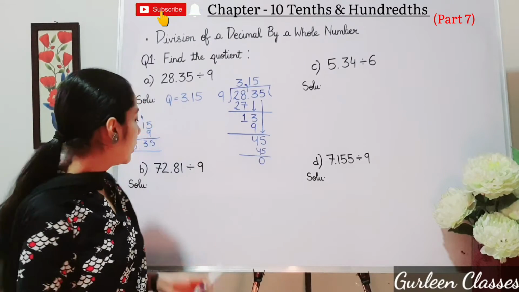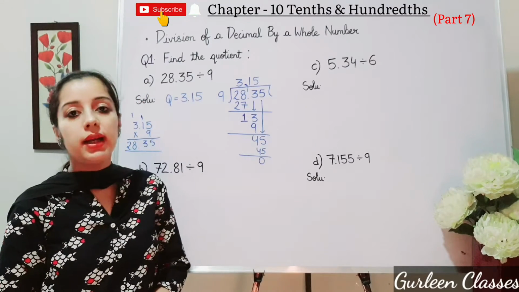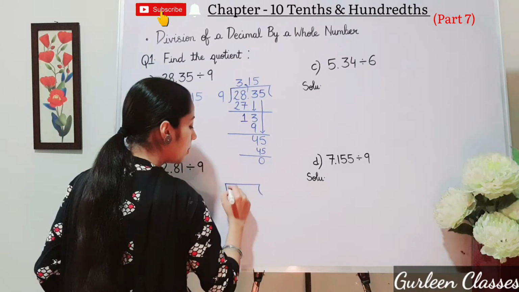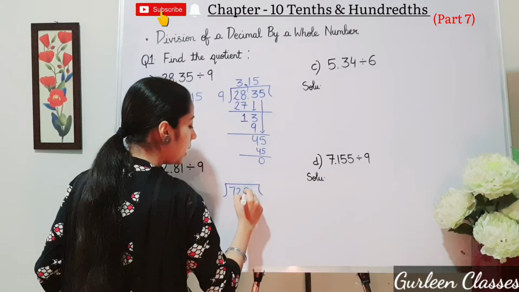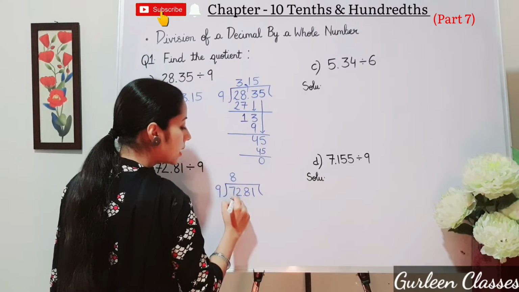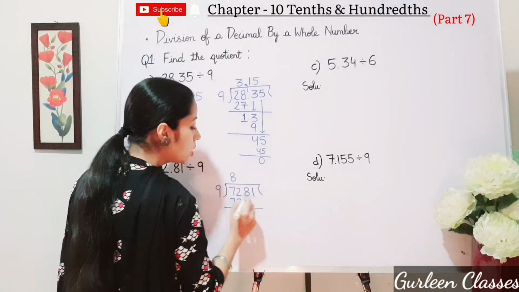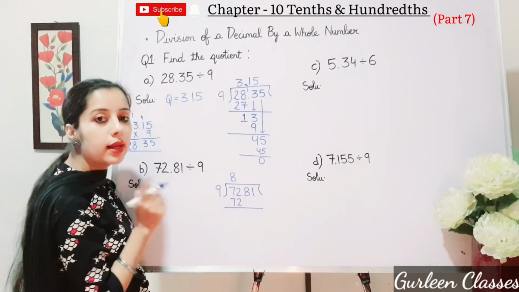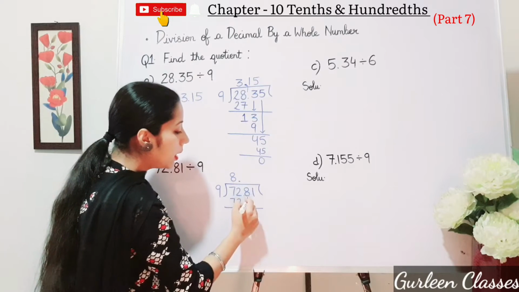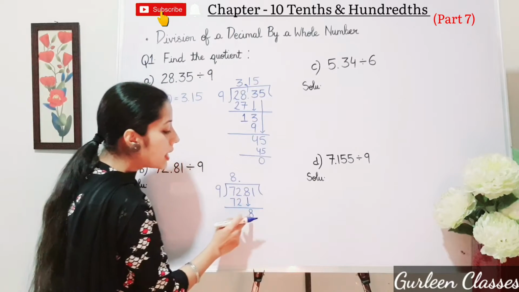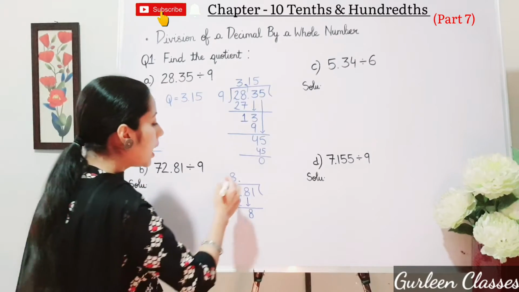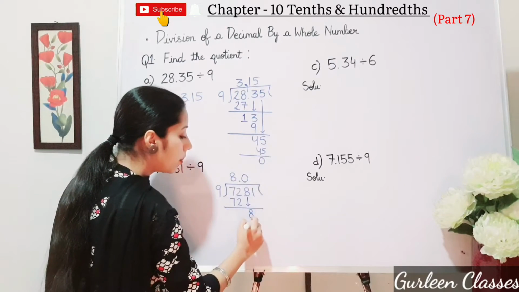Now B part: 72.81 divided by 9. So let us divide this by long division method. 9 8s are 72. So we have divided this whole number part. Now this decimal point will go up. 8 will come down. As 8 is smaller than 9, it will go by 0. 9 zeros are 0.